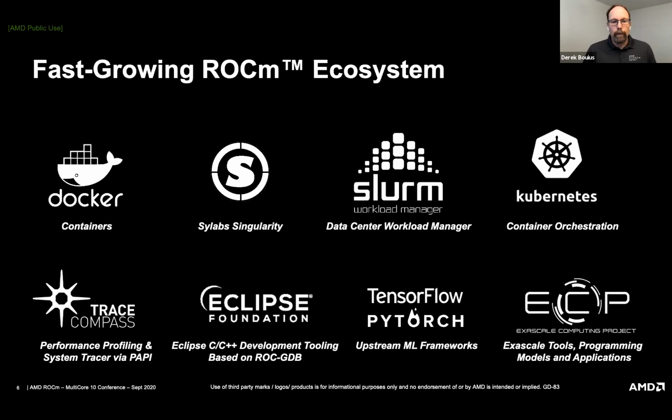So one other key component is part of the exascale computing project. And this is for really looking at the tools to manage thousands of GPUs in a data center to go along with the programming models and then optimizing for applications.